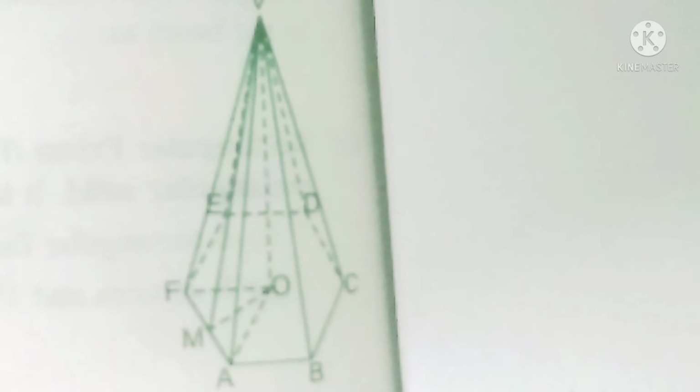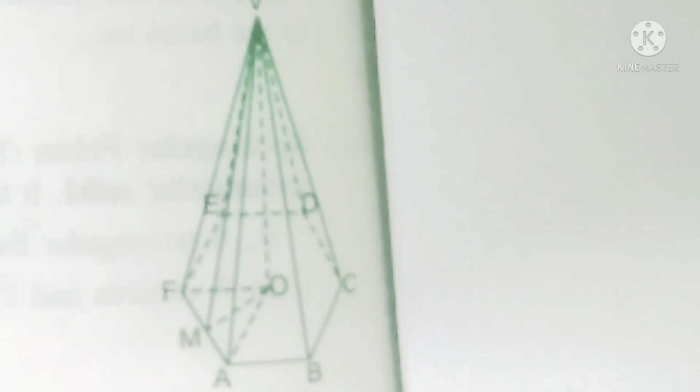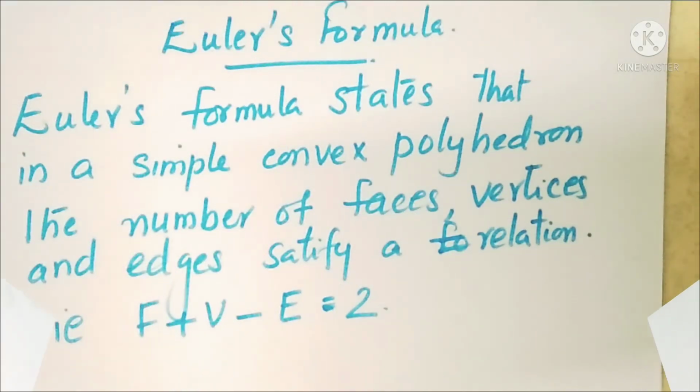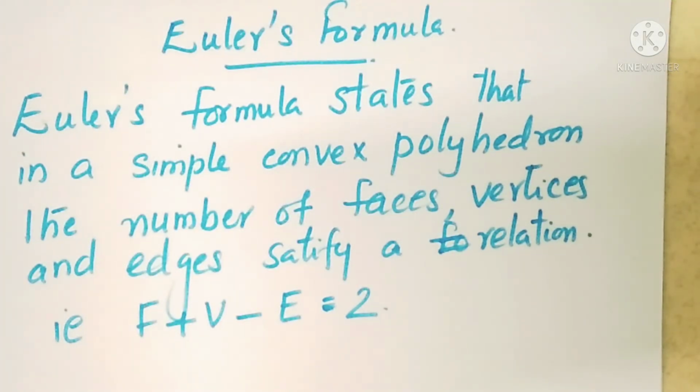So, now we will learn a formula to find the number of faces, number of edges and the number of vertices. We learned about the faces, vertices, edges of the polyhedrons, how to find them out. We learned in detail about most of the types of polyhedrons. Now, there is a Swiss mathematician named Euler.